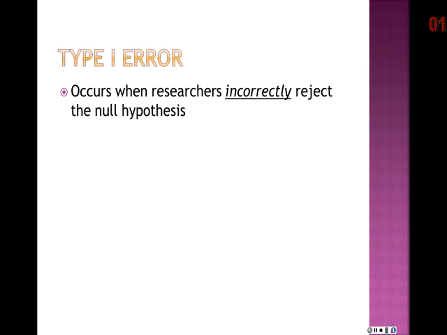Where type 1 error occurs is when researchers incorrectly make that assumption. So it's rejecting the null when the null is actually true.